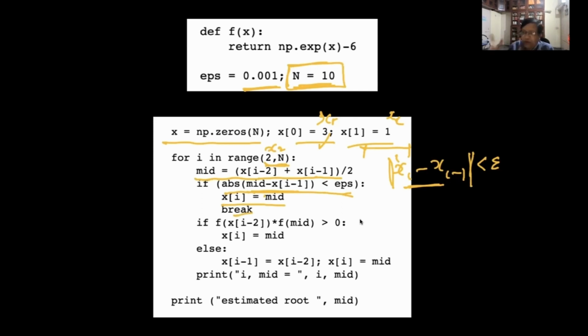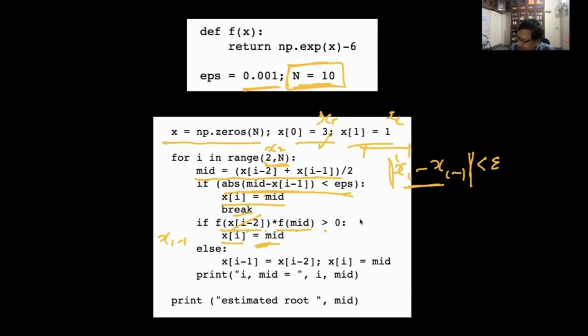Now, I need to have two values, one to the right and one to the left. This is how we do it. Compute the function at xi minus 2, and f of mid. If the product is greater than 0, that means both have the same sign, both negative or both positive, on the same side. That means I should replace xi minus 2 by mid, so xi becomes mid, and my two values will be xi minus 1 and xi.